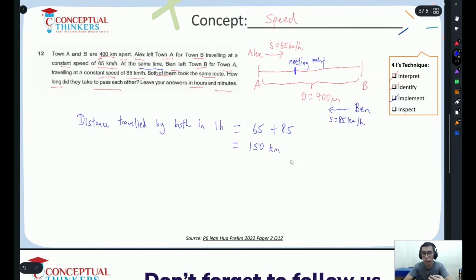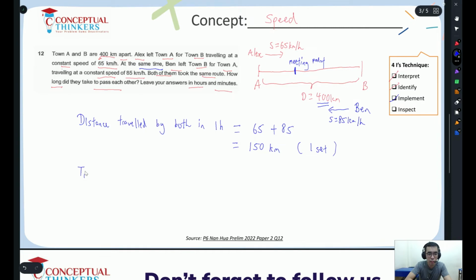Now, this is what we are trying to do here. We're trying to calculate 1 hour. So basically, we are looking at one set, 1 hour. What will be the distance traveled? Now we know that the total distance traveled will be 400 km. So we can look at the number of hours by taking 400 km divided by 150 km.